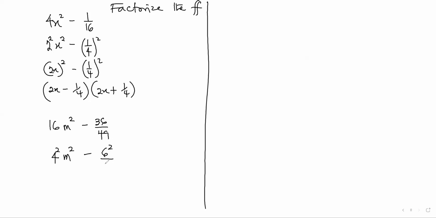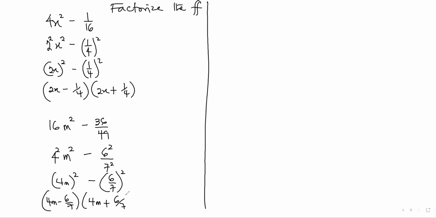And 49 can be written as 7 squared. So this is the same as (4m) all squared minus (6 over 7) all squared. So the factorization will be (4m minus 6 over 7)(4m plus 6 over 7). So that's how it goes.